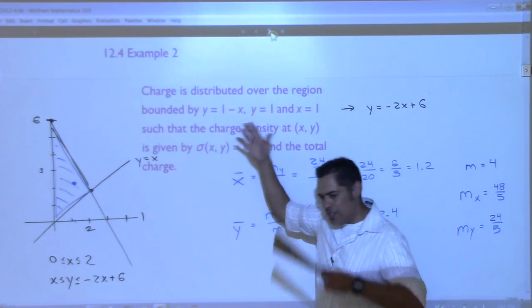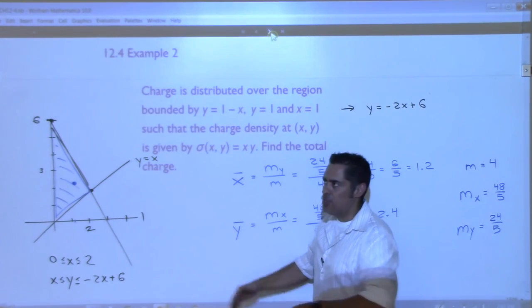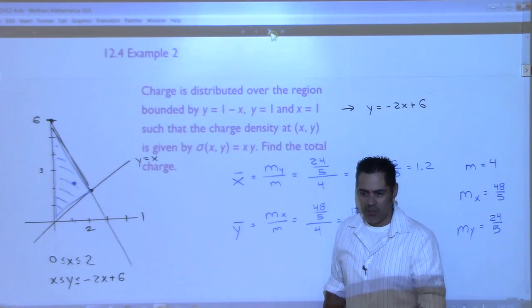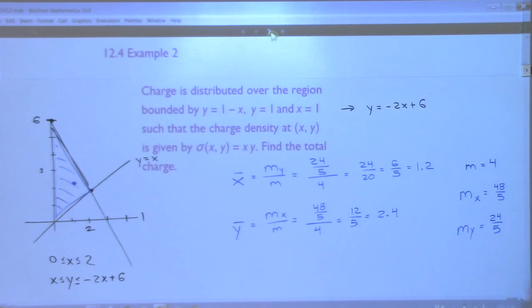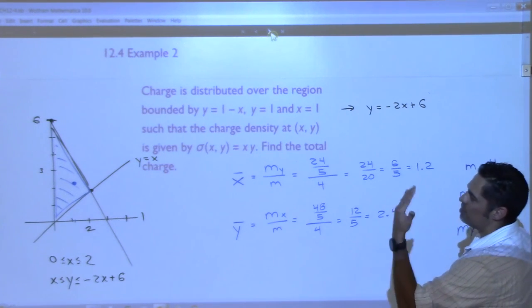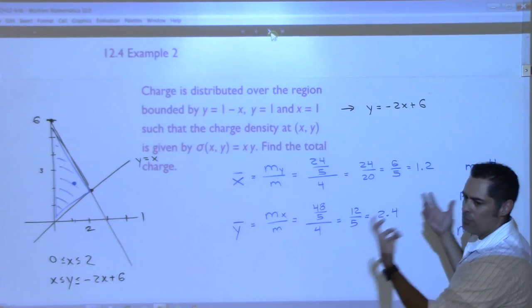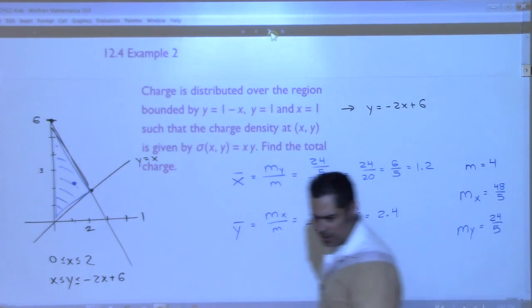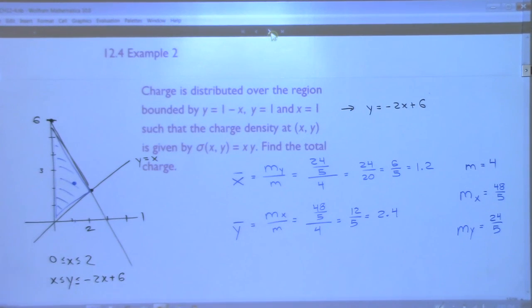So the computation is exactly the same. It's just your answer is no longer mass, it's total charge. So I'm glad you saw that, but I'm trying to give you two examples that make you do the same computation, but have two completely different meanings in terms of the answers. Does that clarify? Okay, I'm sorry about that. Got a little carried away, I think.